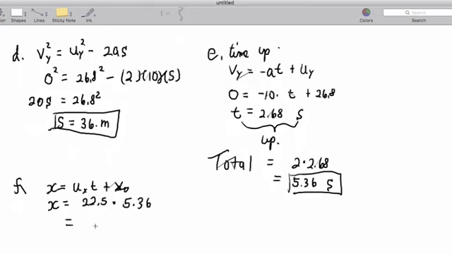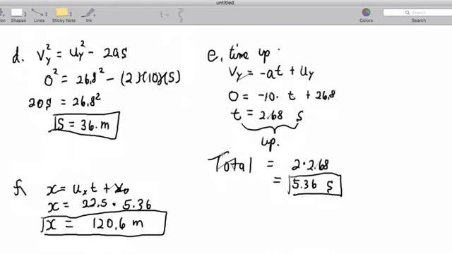And so when I actually simplify that out, that's how I'm going to end up getting 120.6 meters. Like I said, we're going to worry more about sig figs next semester, so we'll just write it down like this. So we get 120.6 meters for the horizontal range.